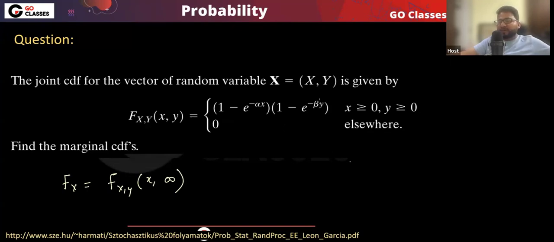If you put y as infinity, then e power minus infinity is 0, so this is going to be 1 minus e power minus alpha x. Similarly, Fy will be 1 minus e power minus beta y.